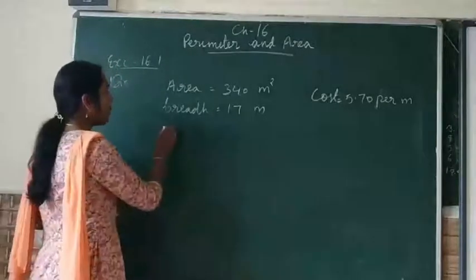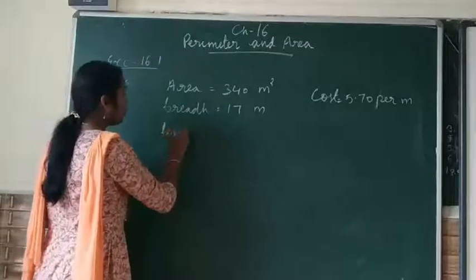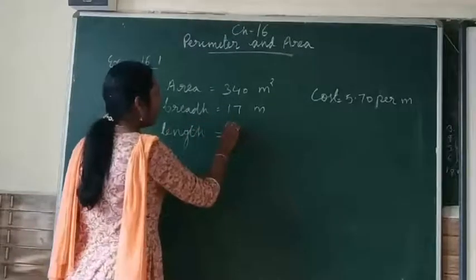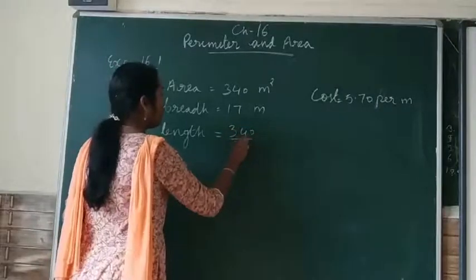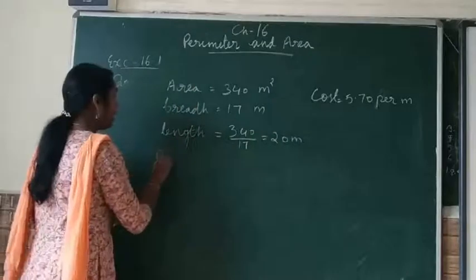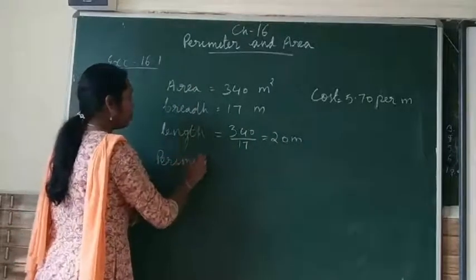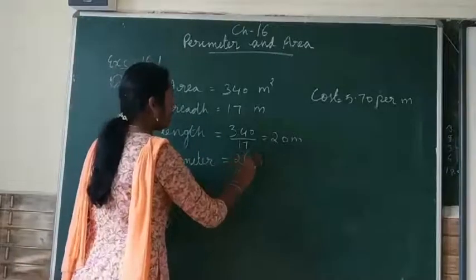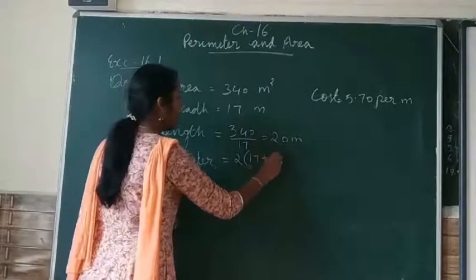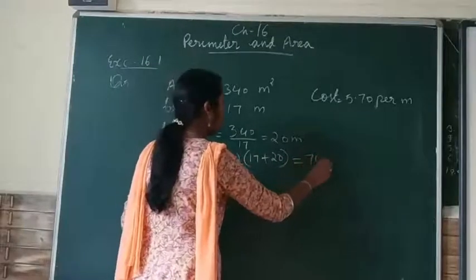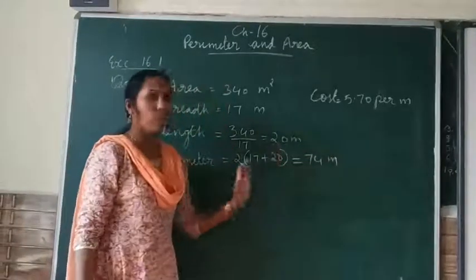So here let us find length is equal to area by breadth, that is 340 by 17 is equal to 20 meters. Now we can find perimeter is equal to 2 into (L plus B), 17 plus 20, that is 2 into 37 is equal to 74 meters. So this is the length of the boundary.